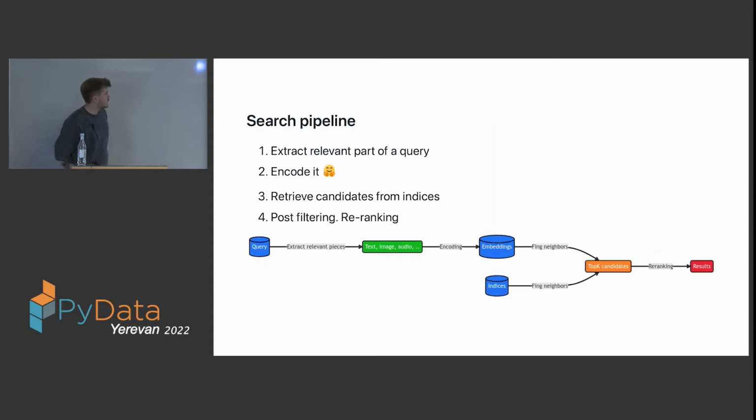The second part is the search itself. When you have a query, you already have pre-built vectors for your database. You need to encode your query as well. After that, you need to find the similar ones, for instance the k nearest neighbors in your database. So top k candidates, and after that you will have the result for your query.